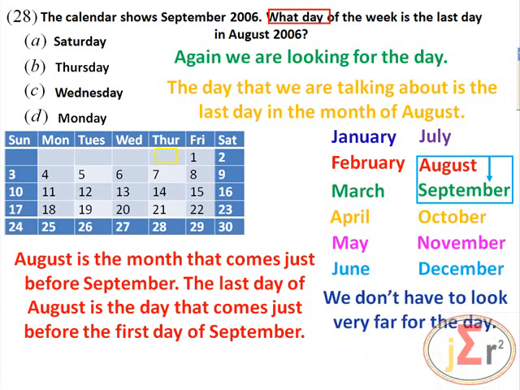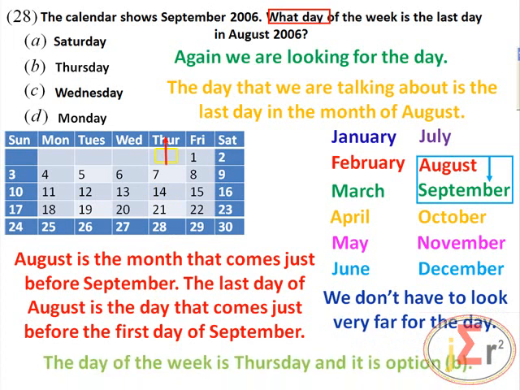We don't have to look very far for the day. It is a Thursday. The day of the week is Thursday, and it is option B. So the last day of August is that day that comes just before the first day of September.